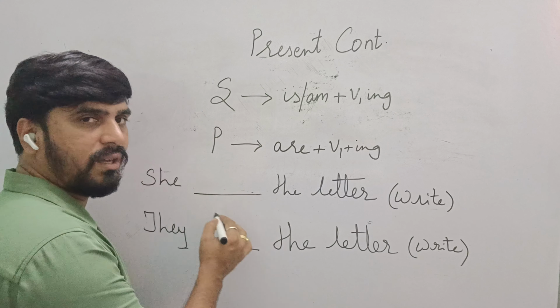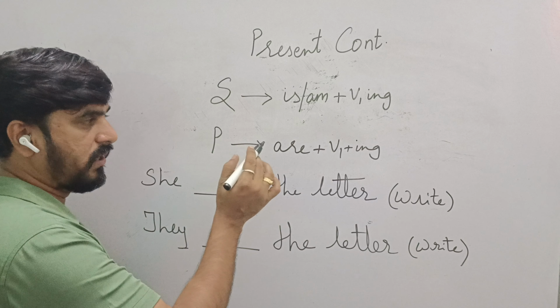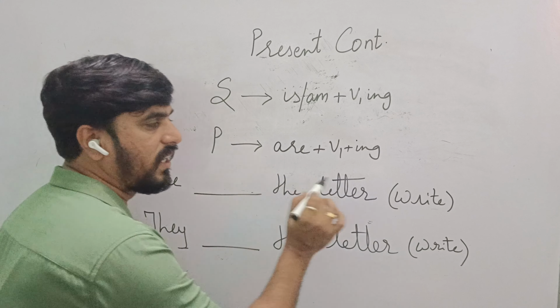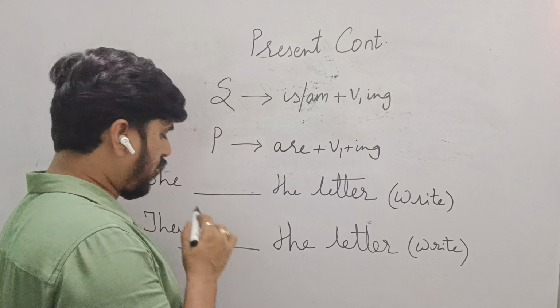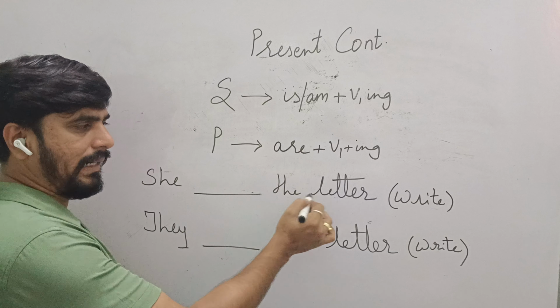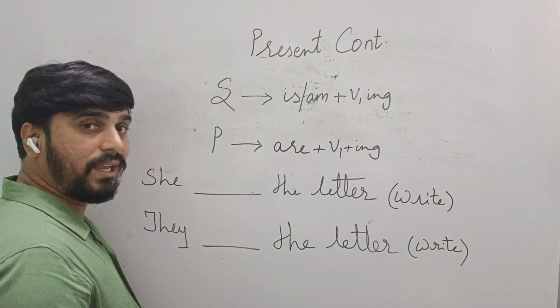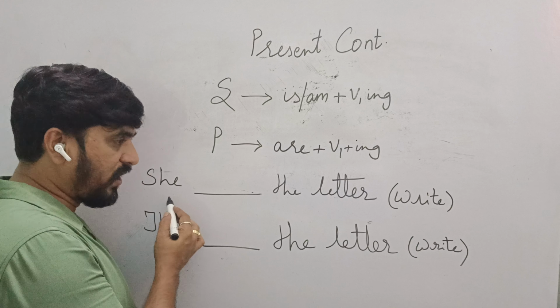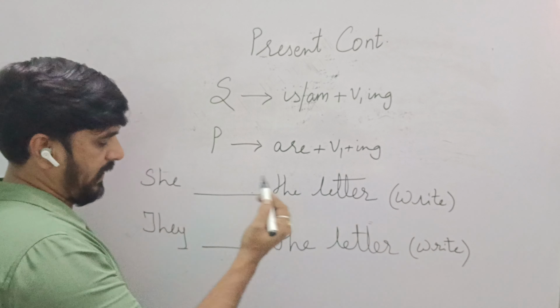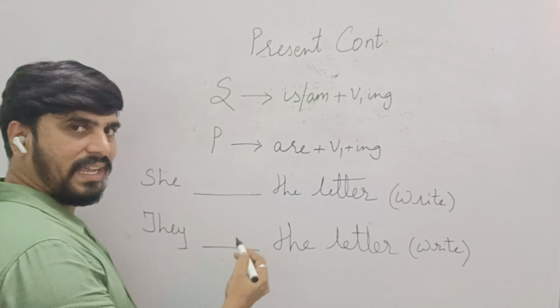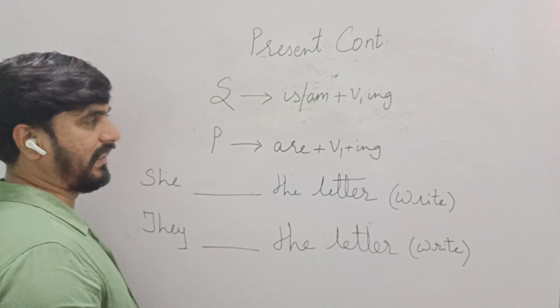We are changing only the verb. The first example was she writes the letter, then they write the letter. Now she is common, the letter is also common. What has changed? She is writing the letter. They are writing the letter.